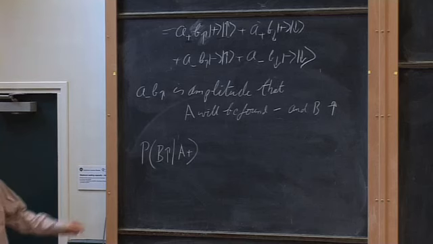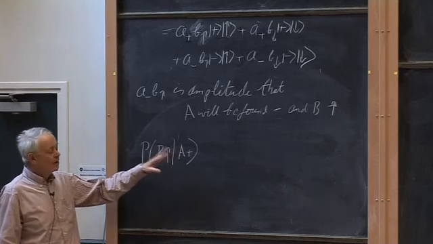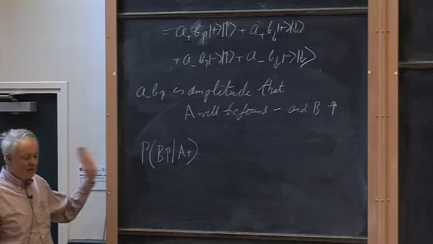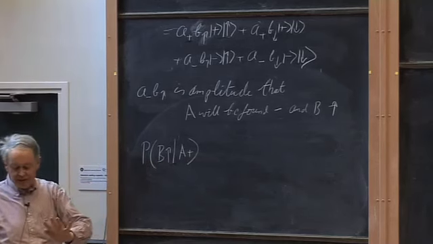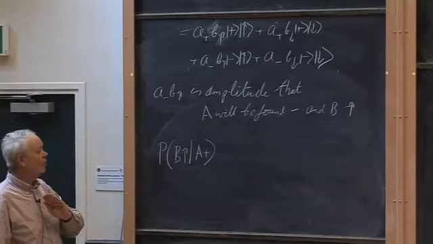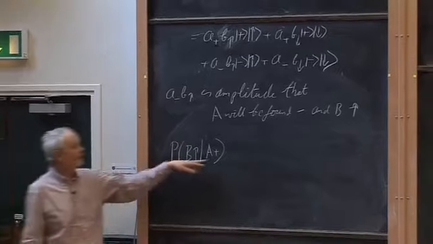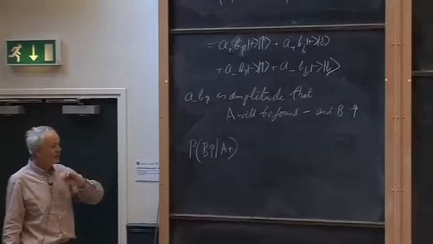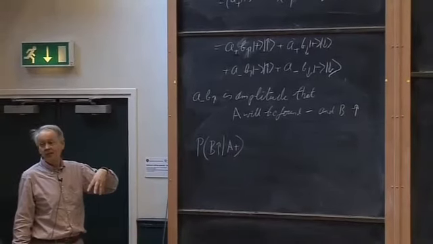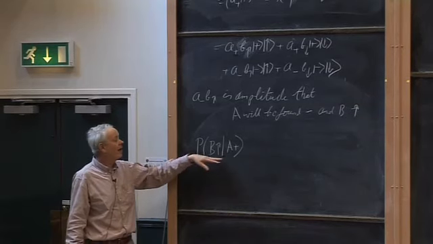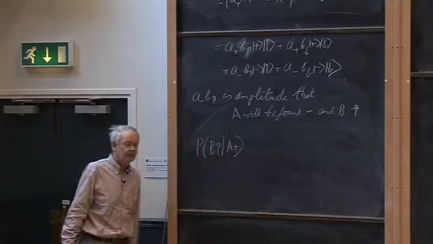This is a reasonable question. We've measured and found that A is plus. And I now want to know, suppose I measure B's property, will I find that B's property is up or down? This is going to be the probability that, given that I am where I am, B will be found to be up.